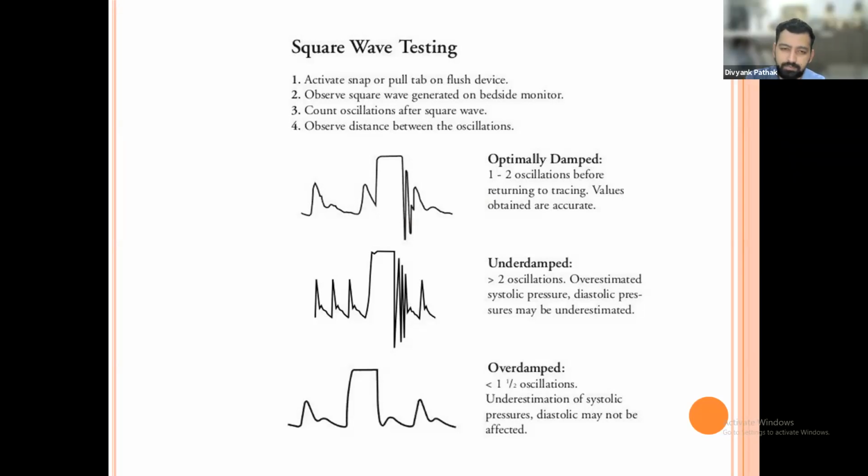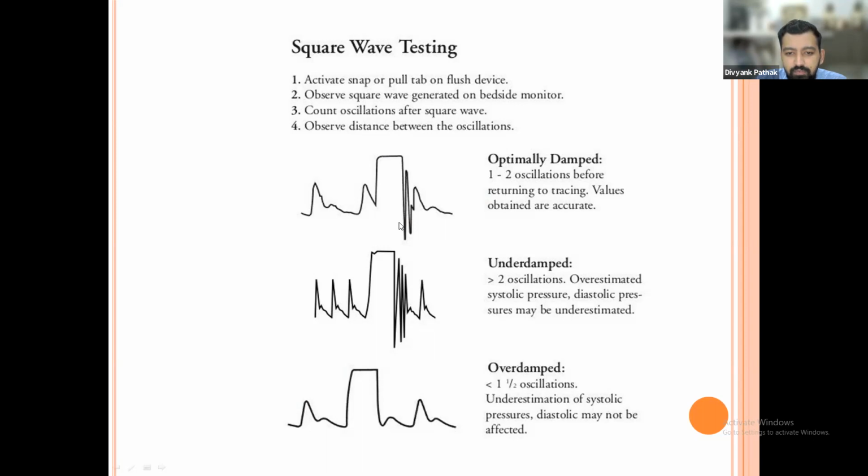I'll just tell the terms: we flush the system with the fluid connected in the system. Because we flush it, the pressure goes totally up. As the pressure goes up, we hold it for some time, and then we release it.